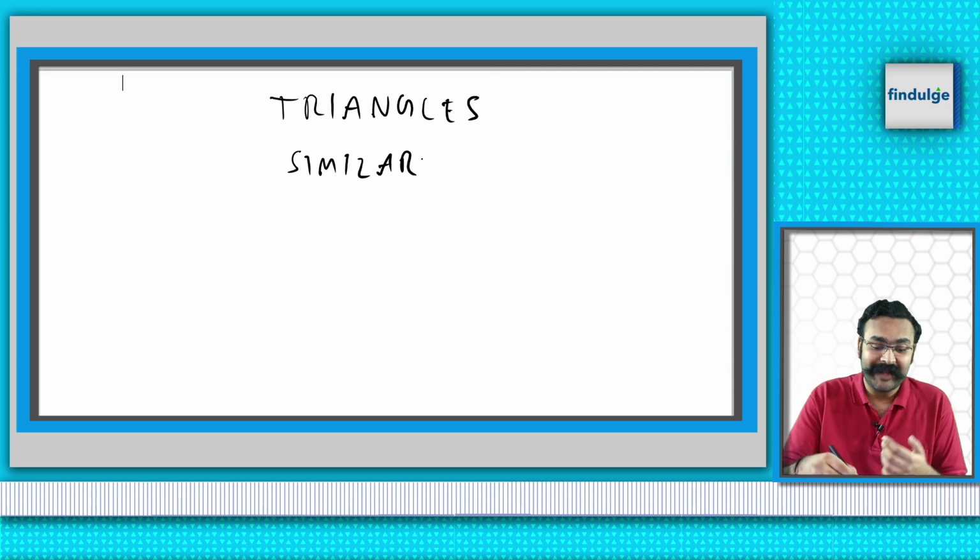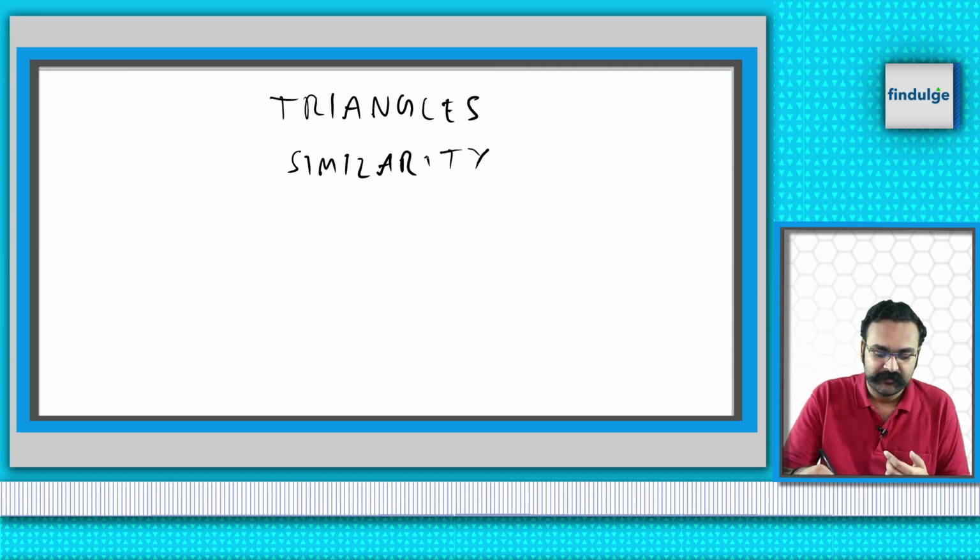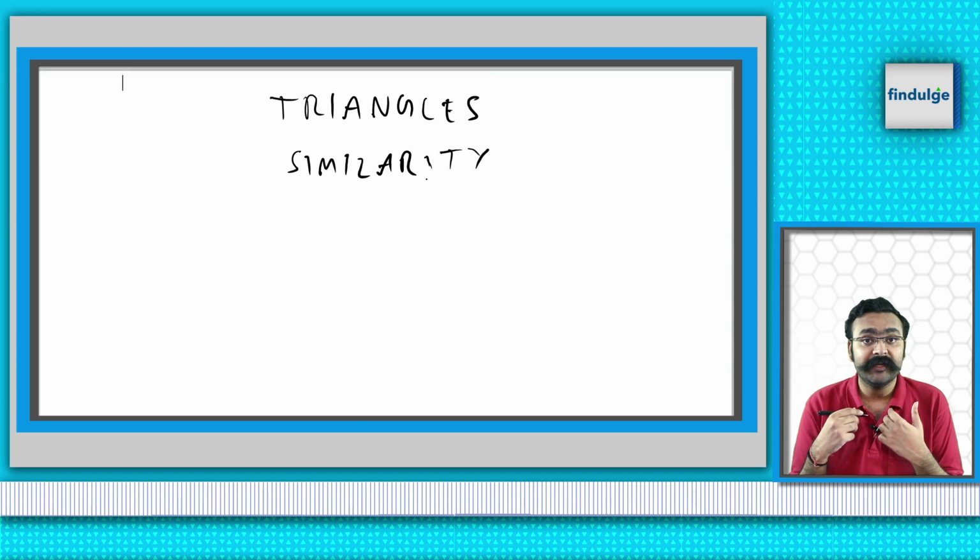Similar, or similarity, as we will study it, is when two figures look alike but are not exactly the same. And specifically, similar figures are those which have exactly the same shape but are of different sizes.